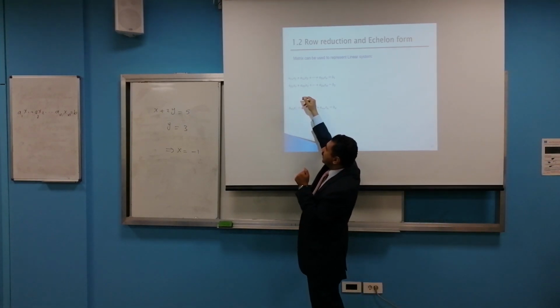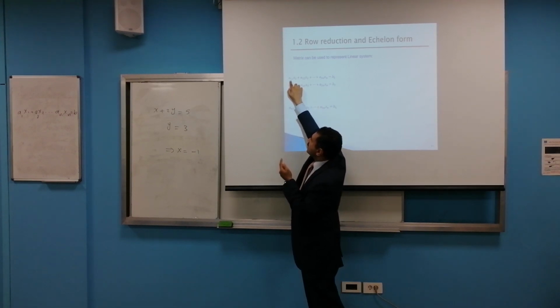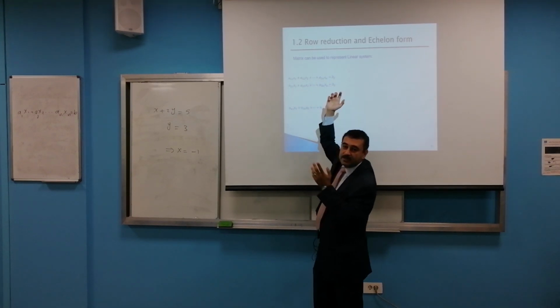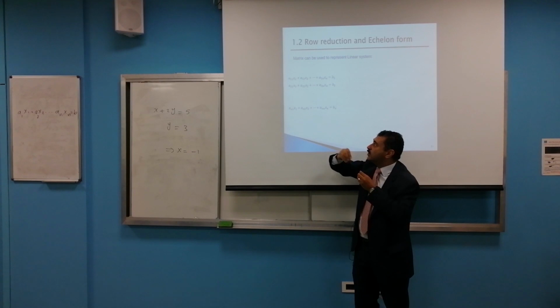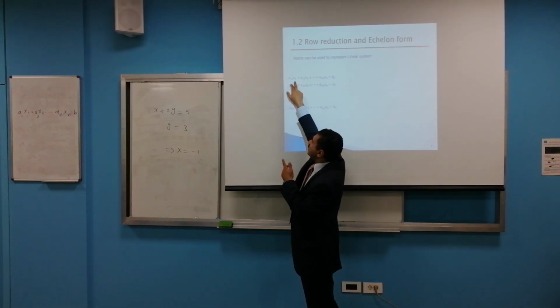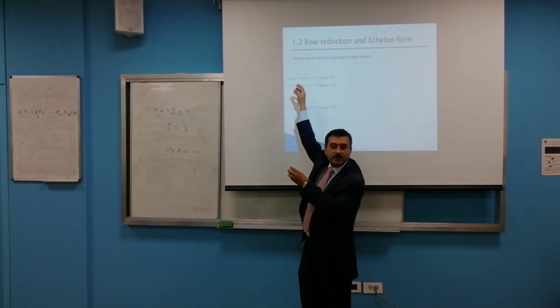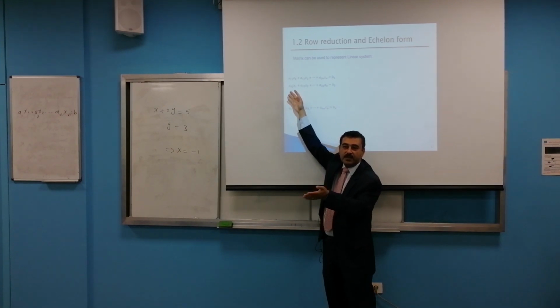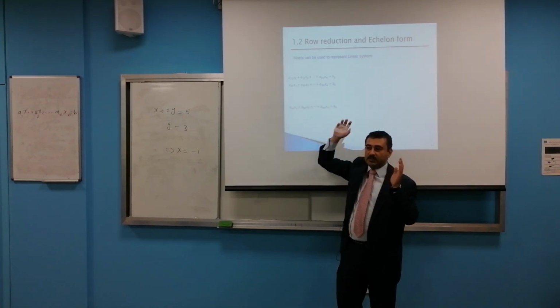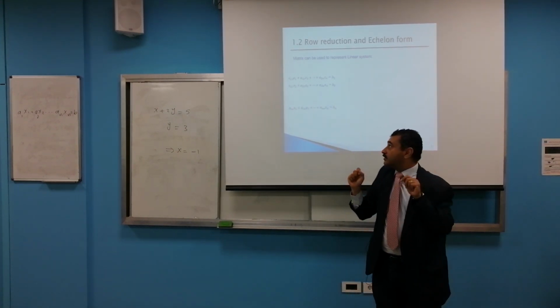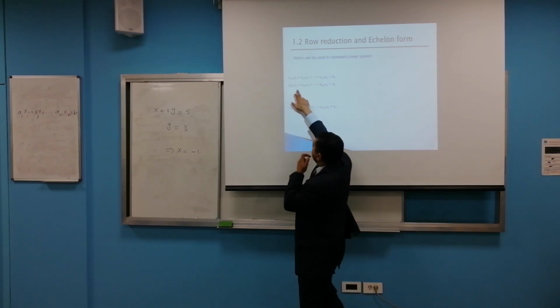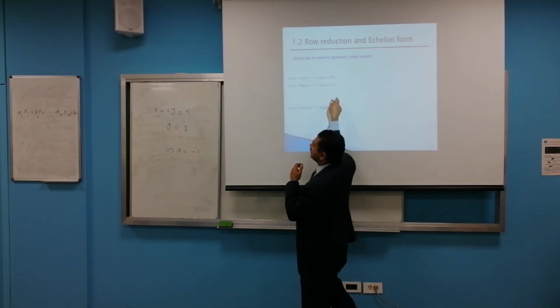The number of equations, okay, and you want to know only these coefficients and the right-hand side. You don't have to know that this variable is called x1, this variable is called x2, maybe x and y, z and t, whatever. So you are interested in the coefficients and the right-hand side.